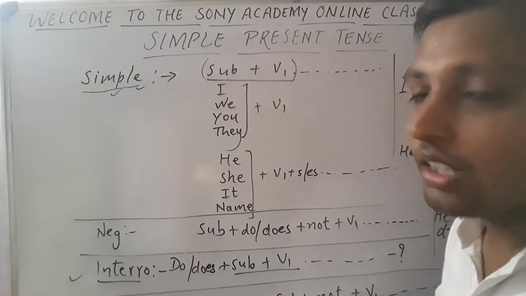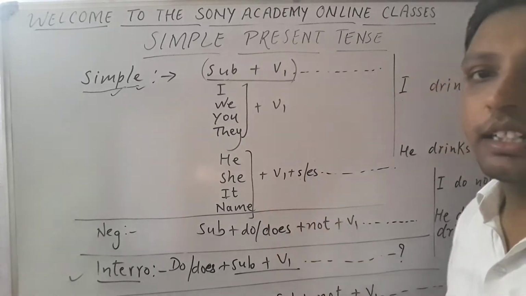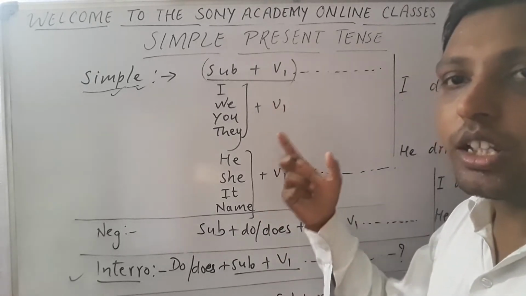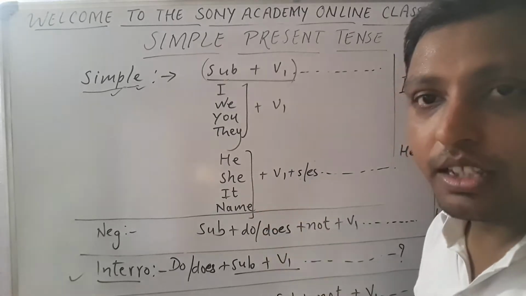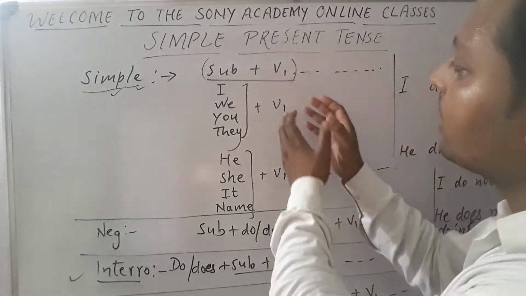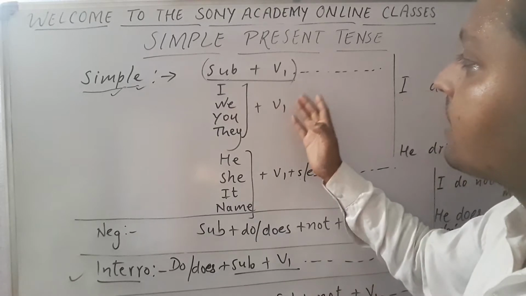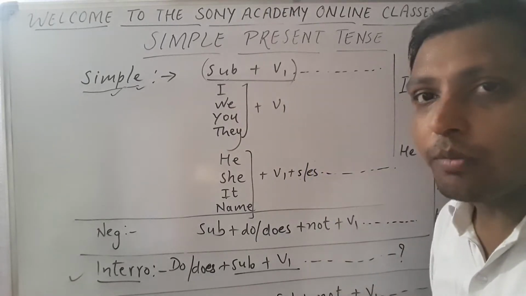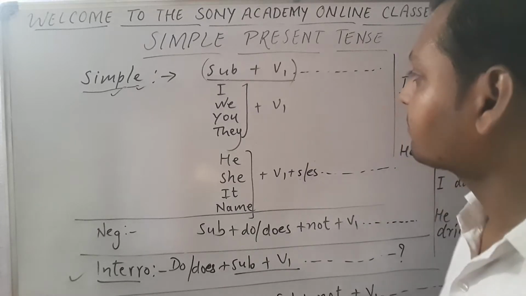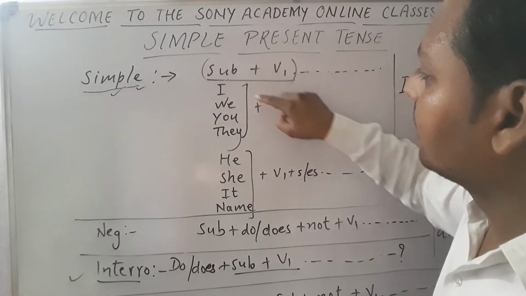My dear students, to make a simple sentence we need a subject and a verb only. You can have subjects like I, we, you, they, he, she, it, name. You need to add a verb on the right side of the subject so that a complete sentence is formed.